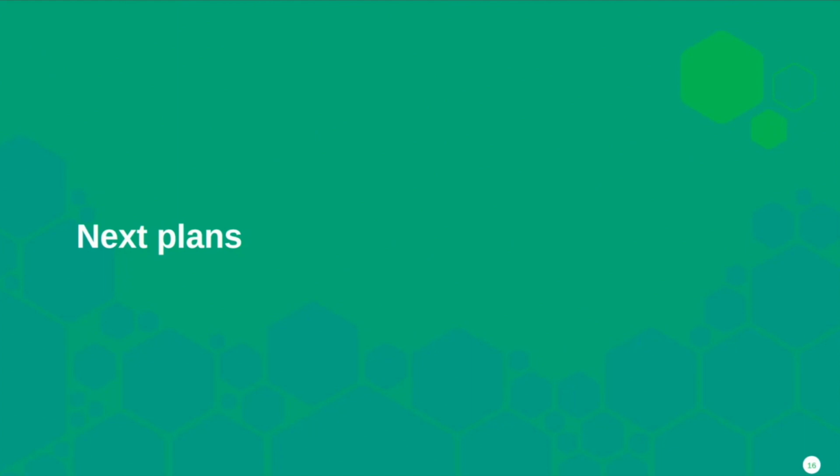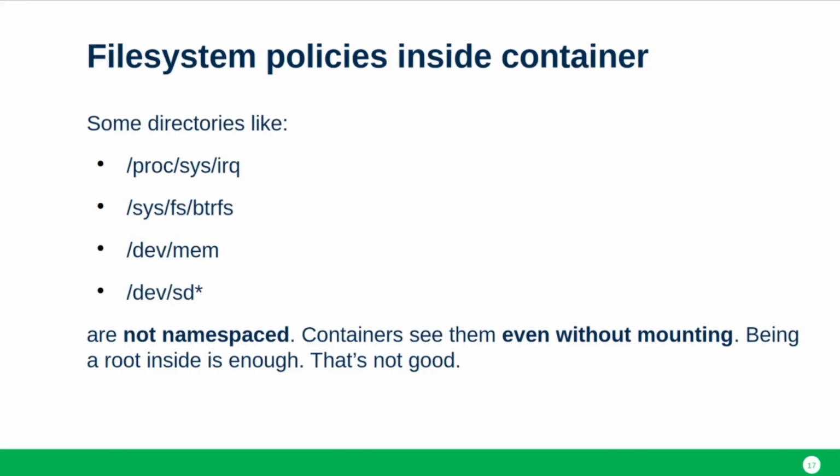And next plans in general for lockc will be file system policies inside containers, so restricting containers from reading stuff even inside its mount namespace. Why? Because some directories like sysfs, procfs, /proc/irq, /proc/kcore and /proc/sys are not namespaced.